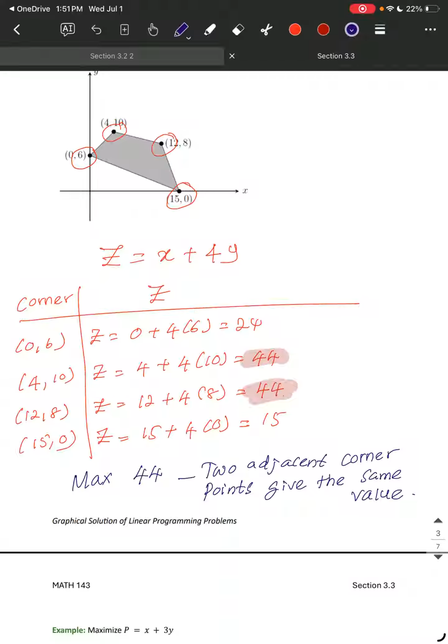So this means every point on the line segment joining these 2 corner points, these 2 vertices, is also an optimal solution. Every point on the line segment between 4, 10 and 12, 8.